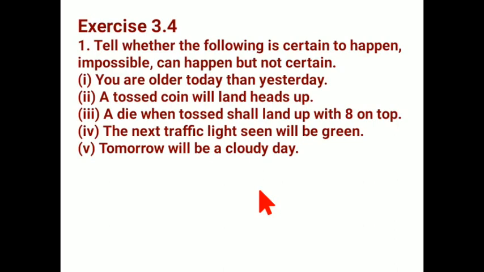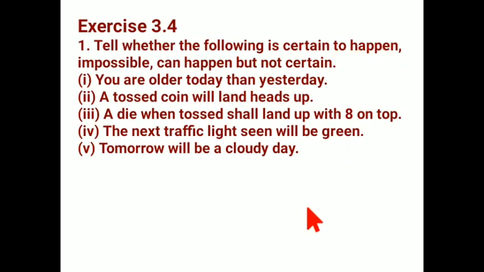So what it is trying to say, that you are older now than yesterday. Of course, if suppose you were 14 years 3 days, then today you are 14 years 4 days, right? So it is certain to happen. It is certain to happen because it will happen. No one can stop that, right? So your number 1 answer is certain to happen.